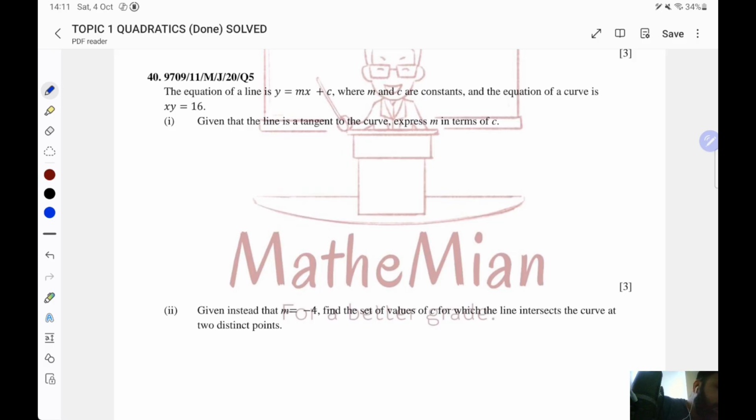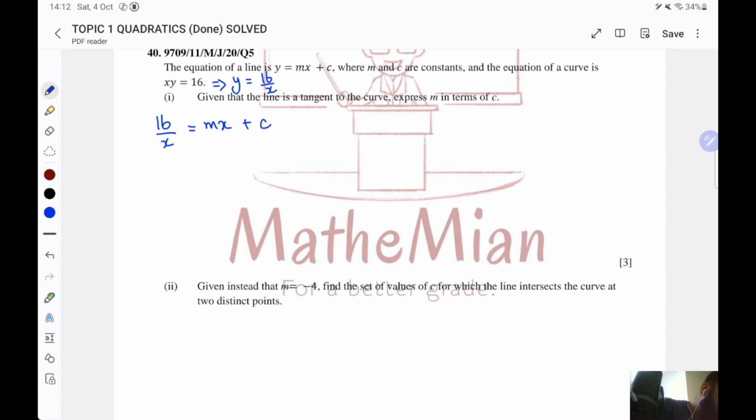So line and the curve, they are tangent, so this is going to become y equals to 16 divided by x. So it will become 16 divided by x equals mx plus c. So it will be 16 equals mx square plus cx.